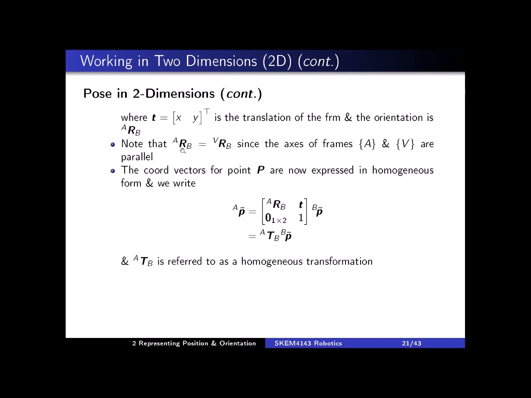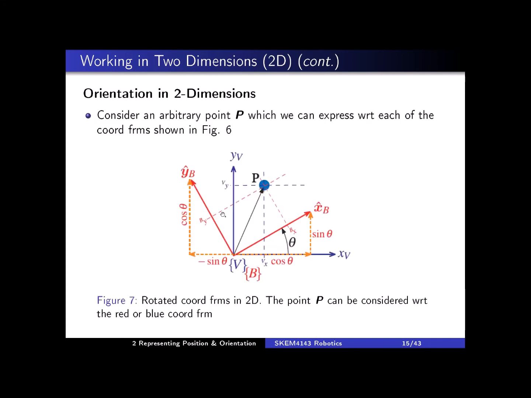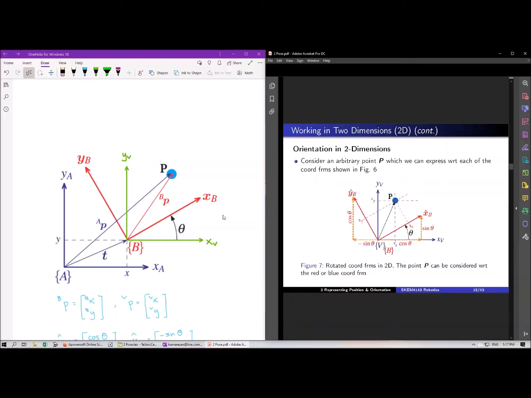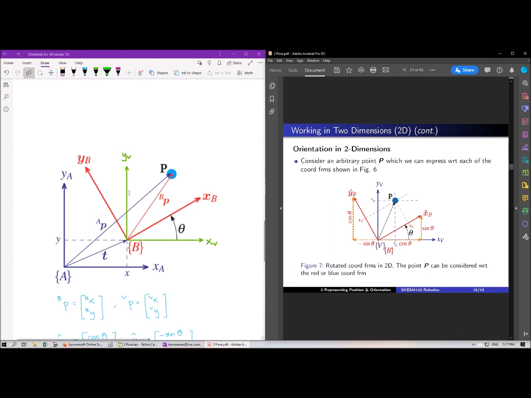So note that RBA is the same as RBV, since the axes of frames A and B are parallel. So the rotation matrix of B with respect to V is the same as RBA, because the coordinate frames A and V are parallel.